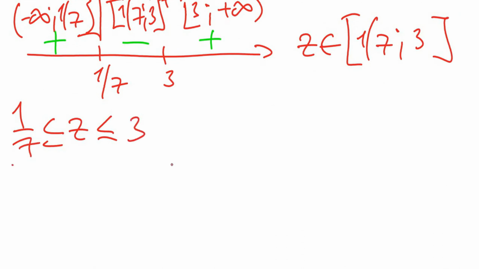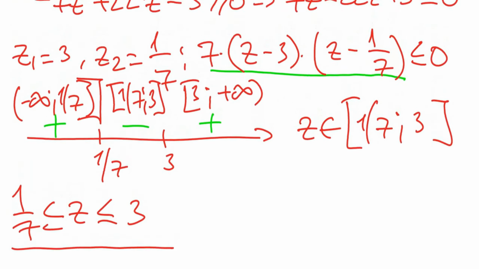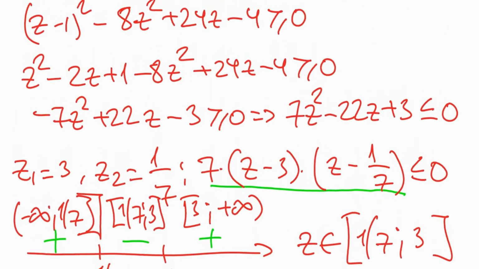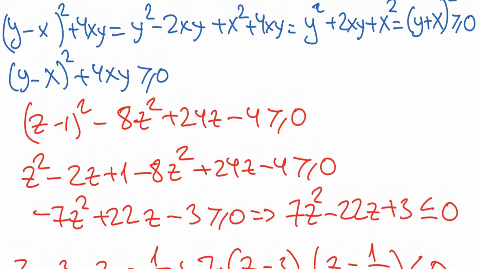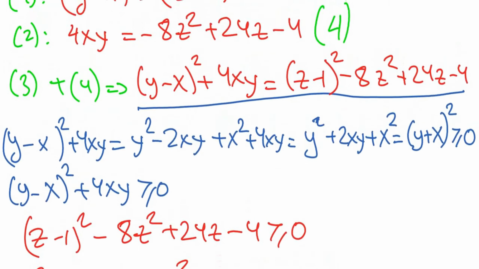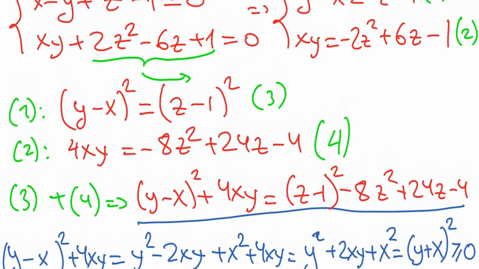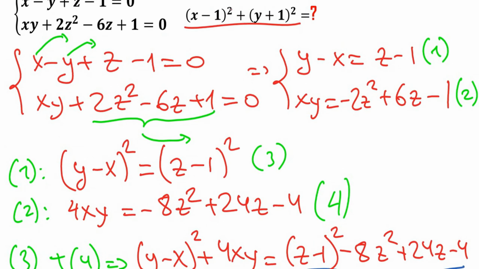Now, knowing this, let me go back to our original question. As you remember, we are looking for the maximum value of (x minus 1) to the power of 2 plus (y plus 1) to the power of 2.